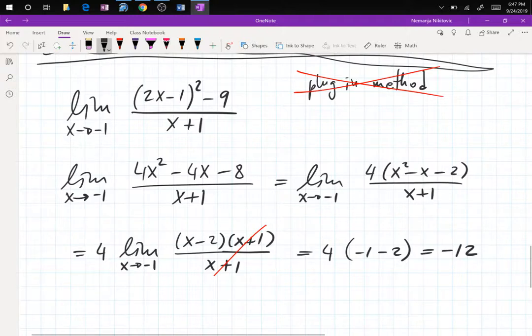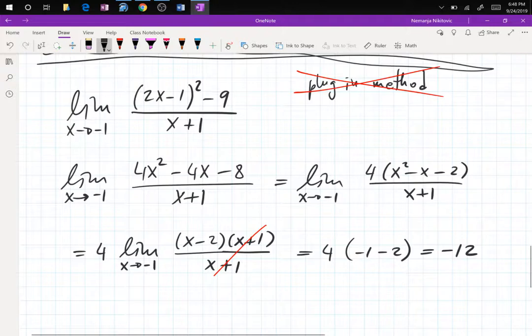Now, let's say you care and you want to check this. What you do is you go to your favorite software, whether it's Mathematica, Wolfram, or Symbolab. You punch this question in and you hope it gives you negative 12. Because you can do that, right?